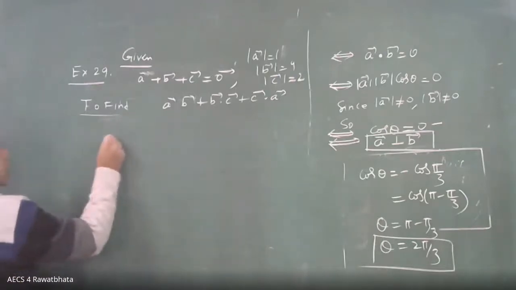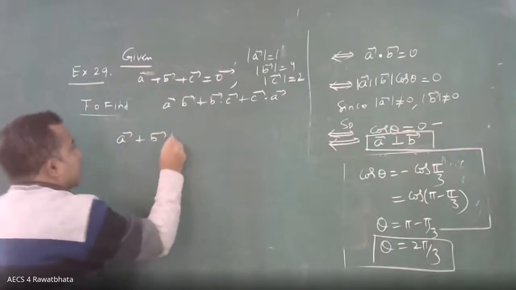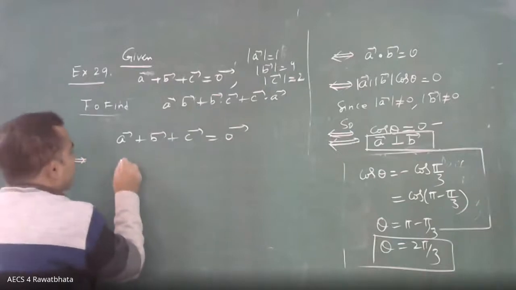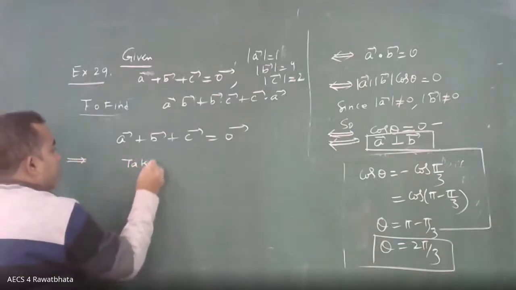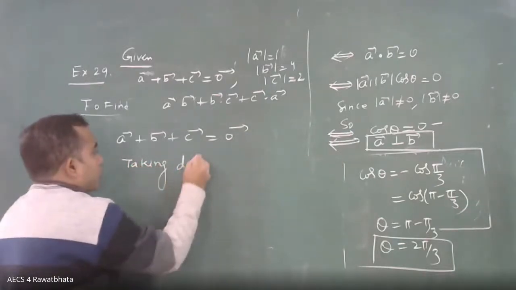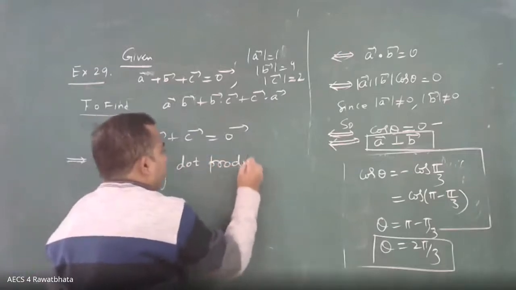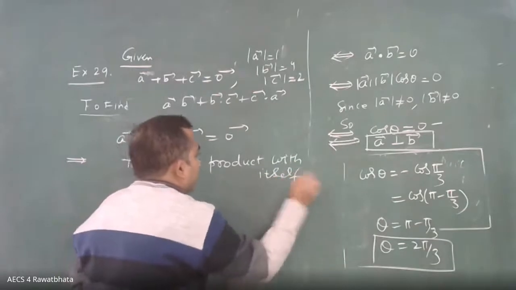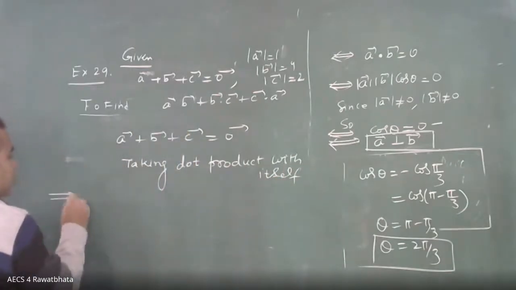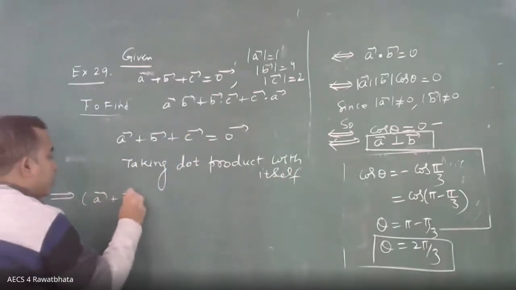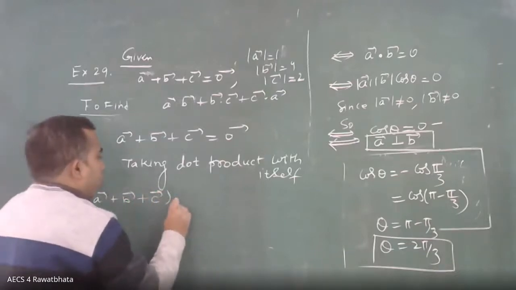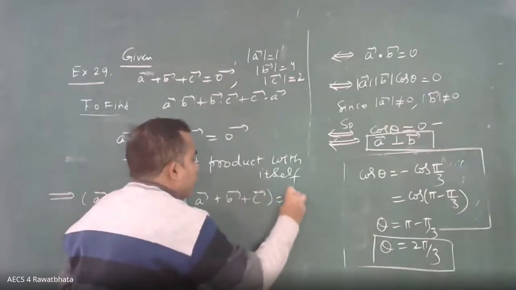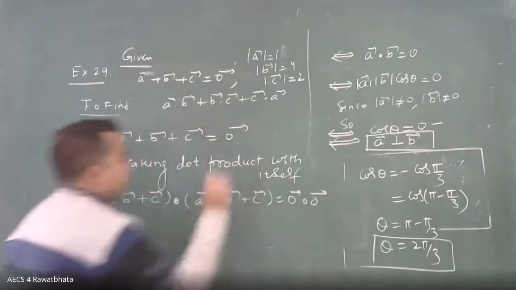Start from this statement, A plus B plus C is 0. Taking dot product with itself, both sides. So A plus B plus C dot A plus B plus C equals 0 vector dot 0 vector.